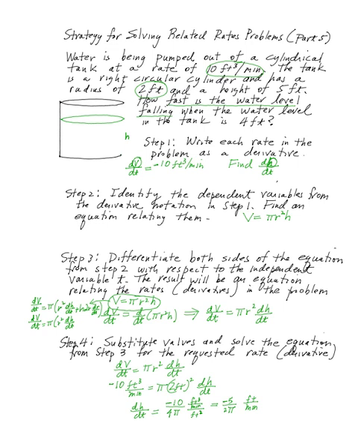And hopefully I'd be forced to realize that when I have to put in something here for dr dt. And the rate of change of the radius with respect to time is 0, since the radius is a constant. And so I get dV dt is pi r squared dh dt, which is what I had before.